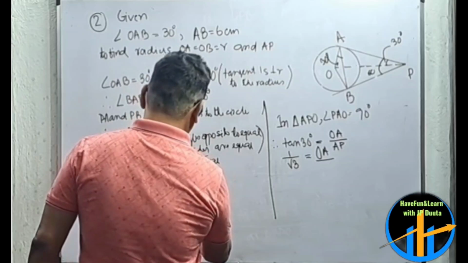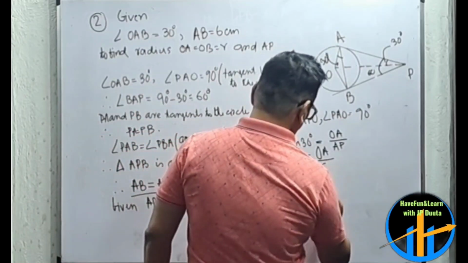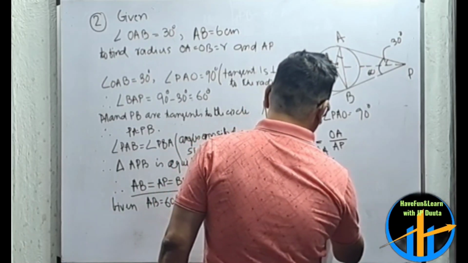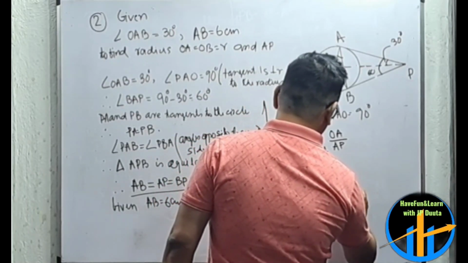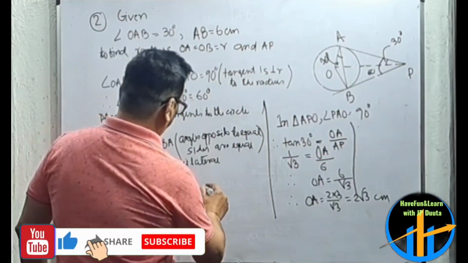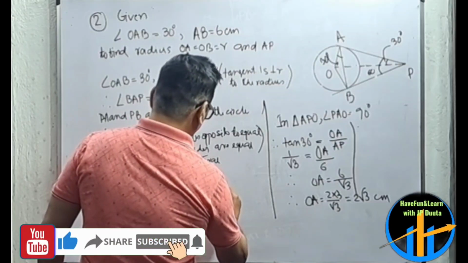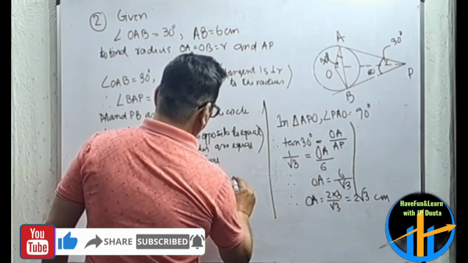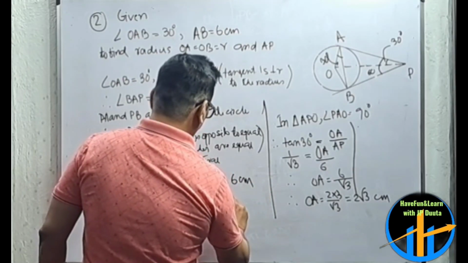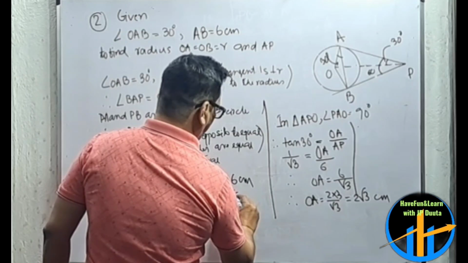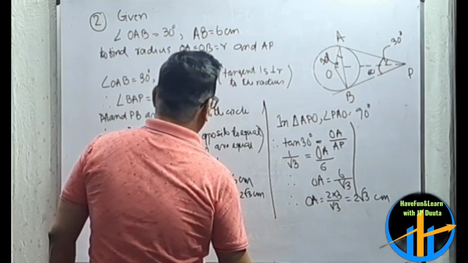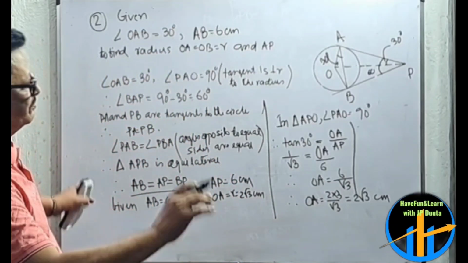AP is 6 centimeters. Therefore OA is equal to 6 divided by root 3. So we have found out AP is equal to 6 centimeters and radius OA is equal to 2 root 3 centimeters. That solves our second problem.